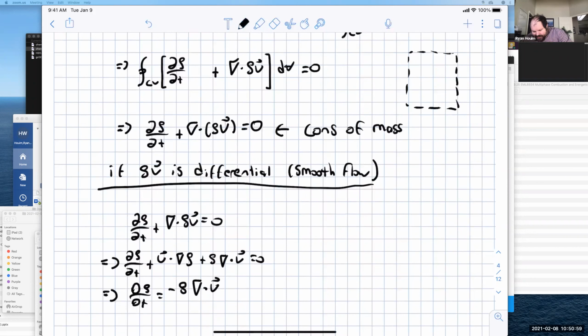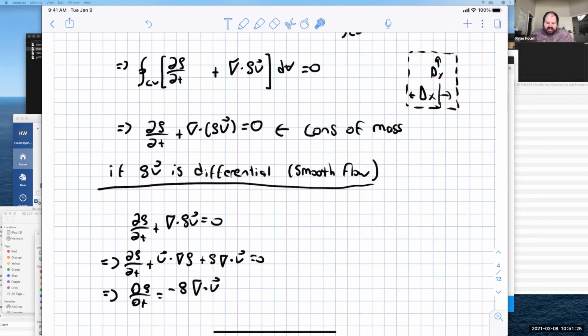You have a control volume of width delta x and height delta y, and if the instructor is really mean, he or she will do it in 3D too. There you just apply the RTT on all of the edges and use a Taylor series expansion, and in the end you wind up with the same thing.